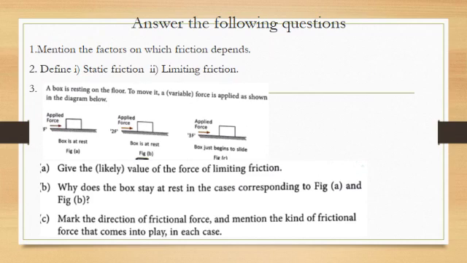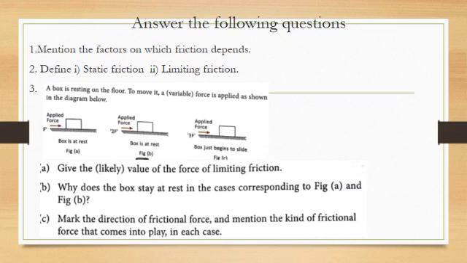Now you have to write answers of the following questions in your rough notebook. Question number 1: mention the factors on which friction depends. Question number 2: define static friction and limiting friction. Question number 3: a box is resting on the floor.